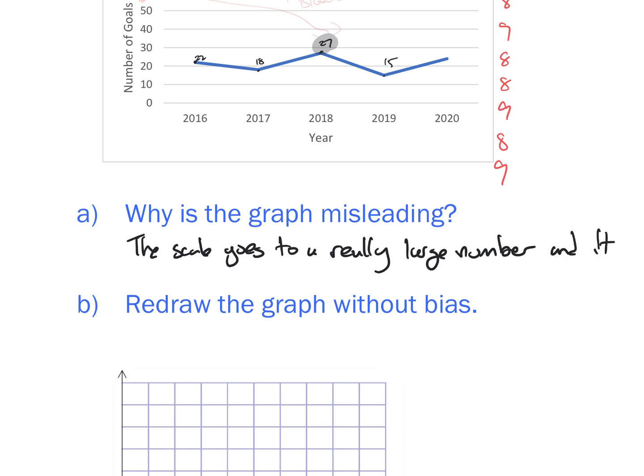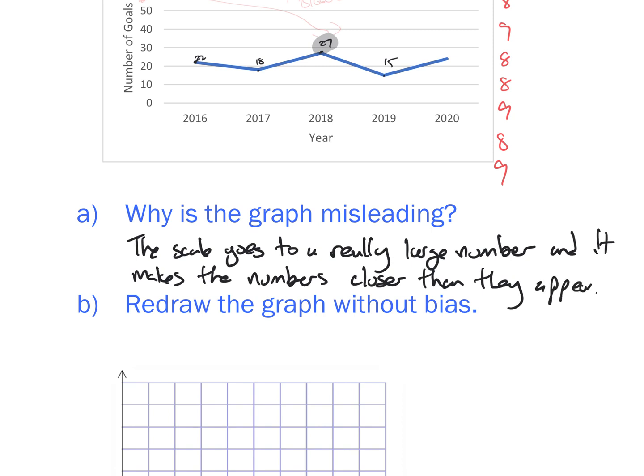In this case, it does the opposite. It makes the numbers closer than they appear. So again, the scale goes to a really large number and it makes the numbers closer than they appear.